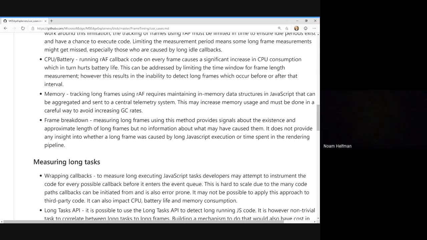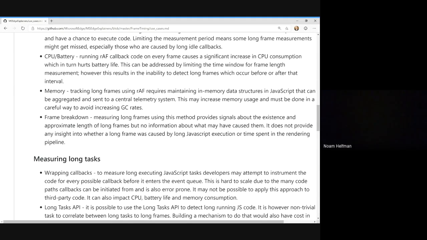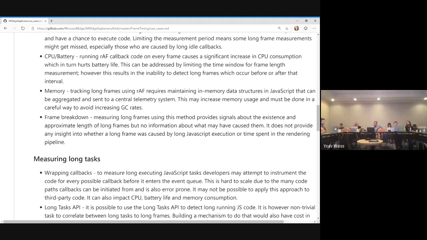Yeah. And if I understand correctly, conceptually right now, that's request animation frame to request animation frame. You just know the time that a frame took, but you can't break it down.